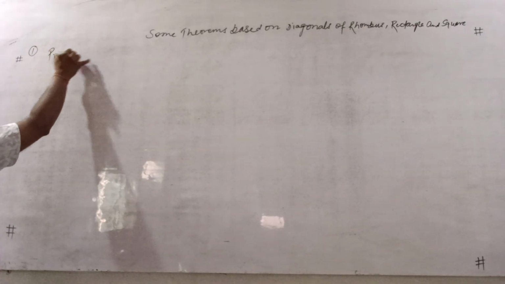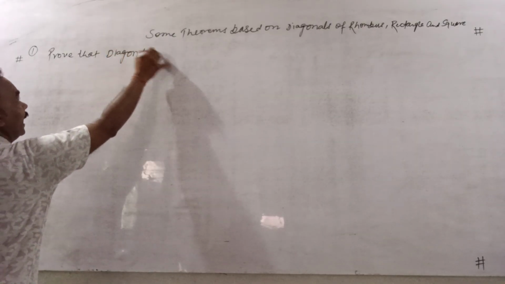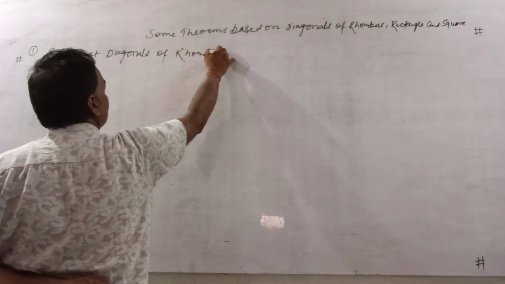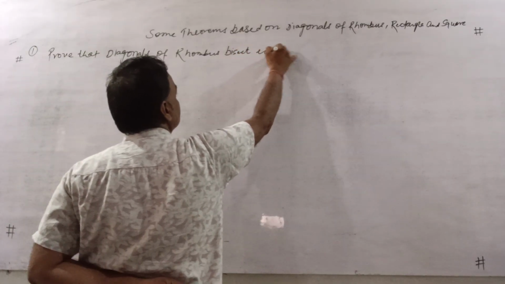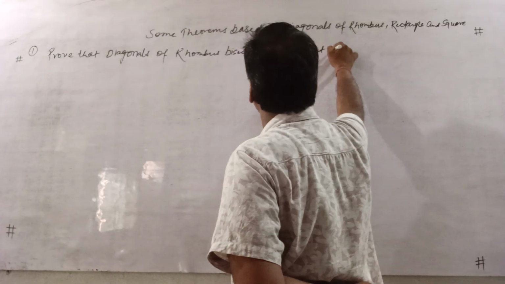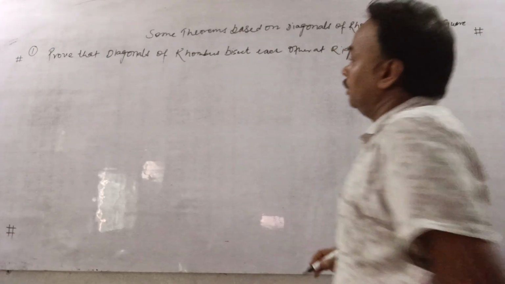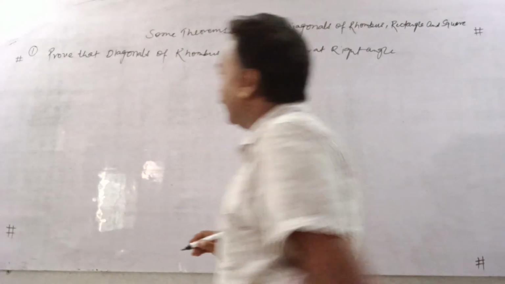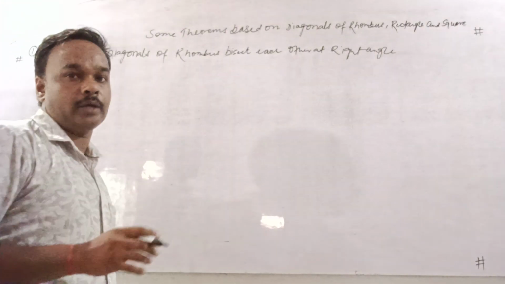Prove that diagonals of rhombus bisect each other at right angle. After that we will see theorems based on diagonals of rectangle and then square.